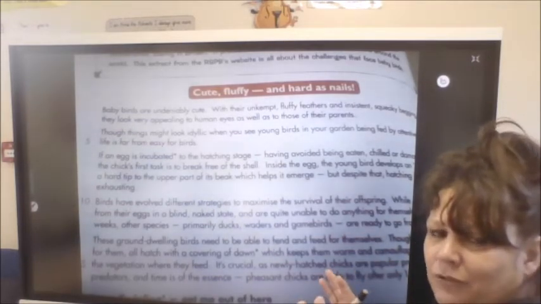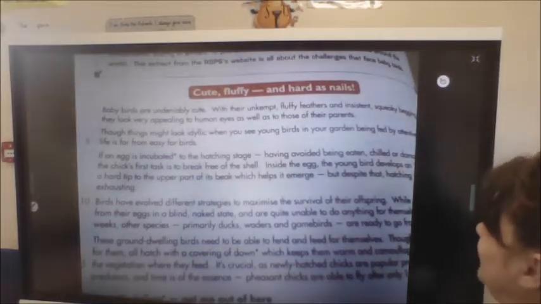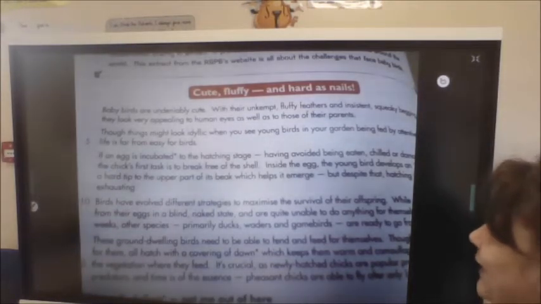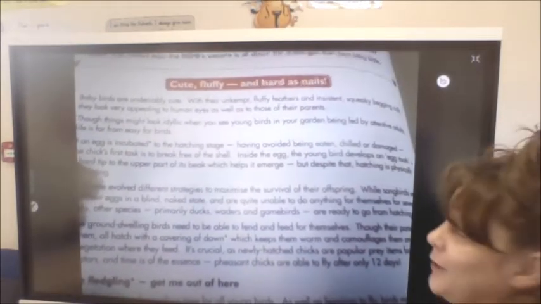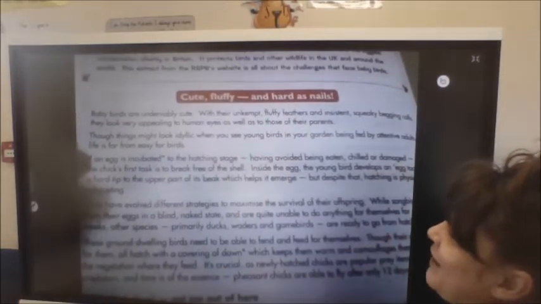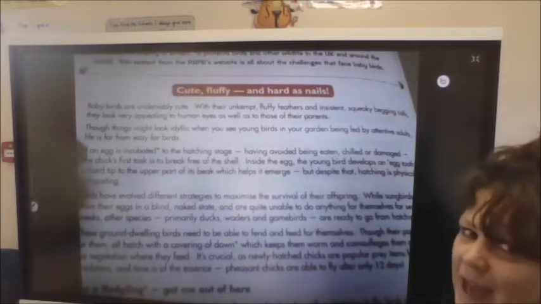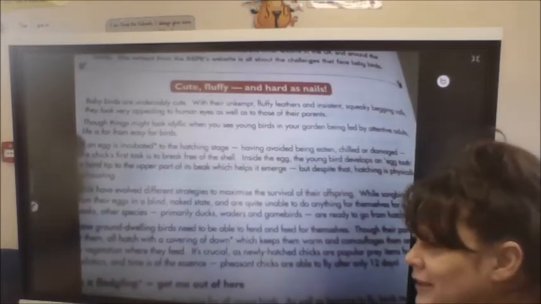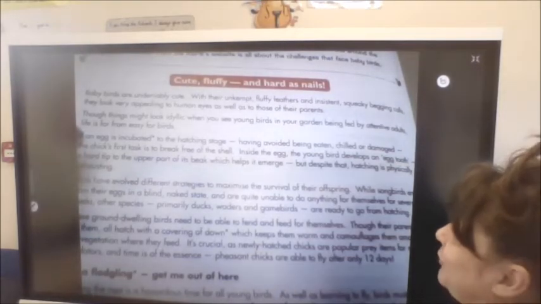They look really scruffy. Okay, fluffy feathers, and insistent, squeaky begging. So they're constantly hungry, and they squeak, squeak, squeak. Okay. Squeaky begging calls. They look very appealing to human eyes as well as to those of their parents. So not only do the parents idolize them, but we love baby birds too.